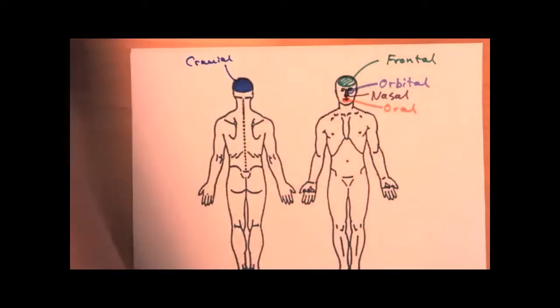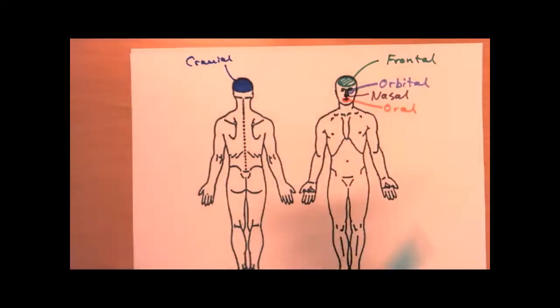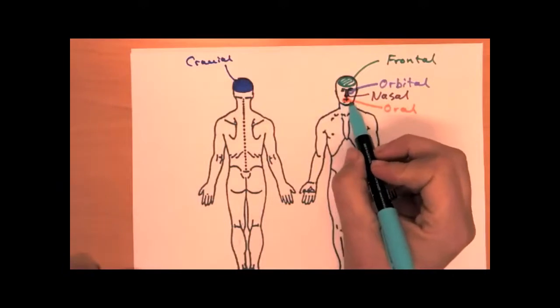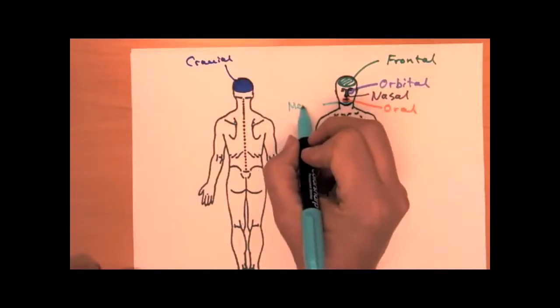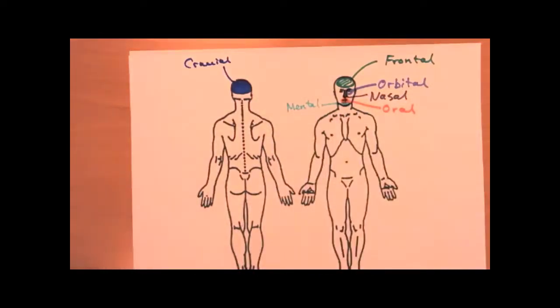Next one is maybe not as intuitive as some of these others. The chin is called mental. All right, so the way that I always remember this is I think about the statue, the thinker, right? So he's sitting there like on a rock and he's got his chin in his hand. He's thinking so hard. He's got so much like mental stuff going on.